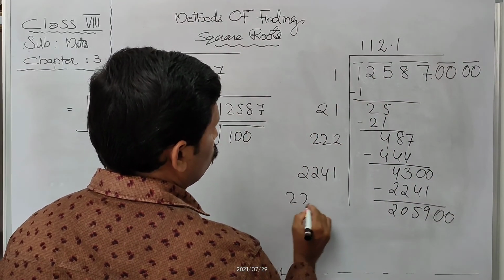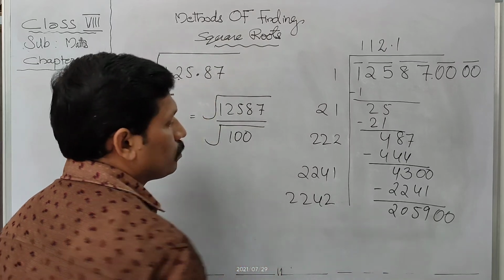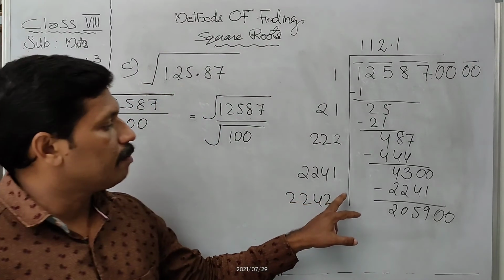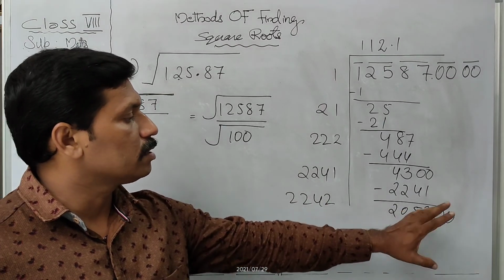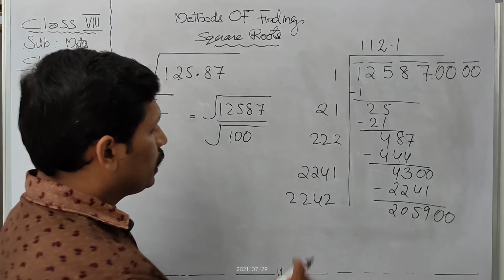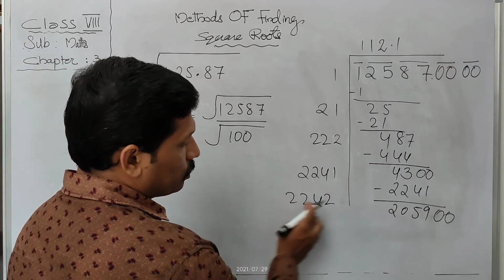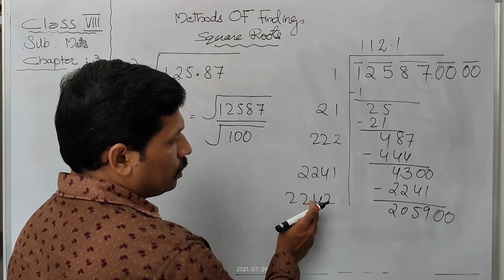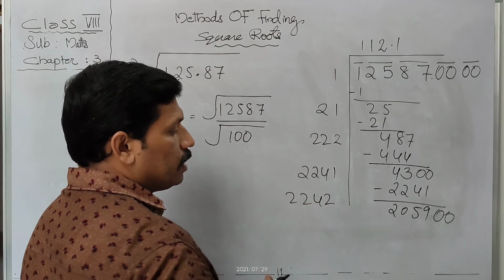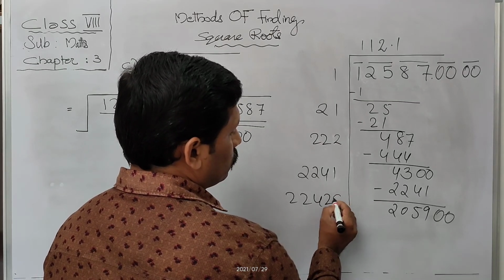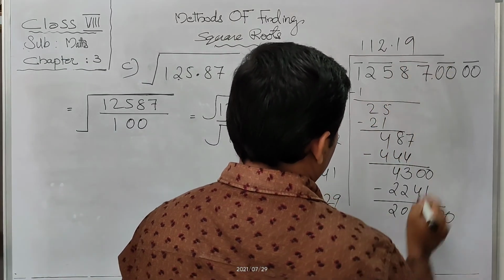Then we write that and double of this is 2242. One number we have to find here. When we multiply by that number, it should be equal to 205900. Which number is that? If we take 10, it is more than 205900, but if we take 9, then we get it. Therefore we can take 9. Here 9 and here also 9.